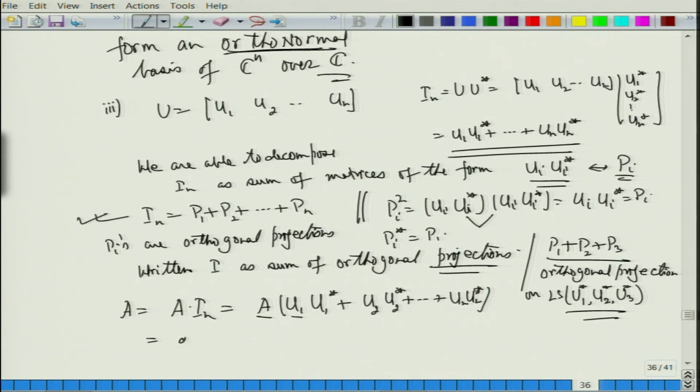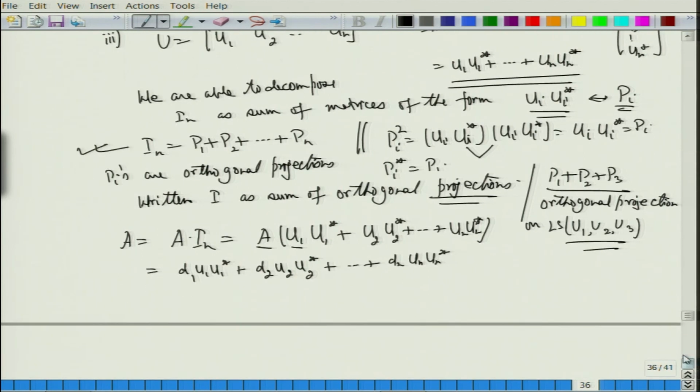So A U1 is D1 times U1 U1 star. Just a minute, I should not get confused. So let me write this itself, U1, U2, U3 projection. All right. So D1 of this plus D2 U2 U2 star plus Dn Un Un star.